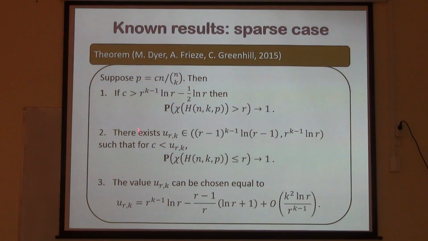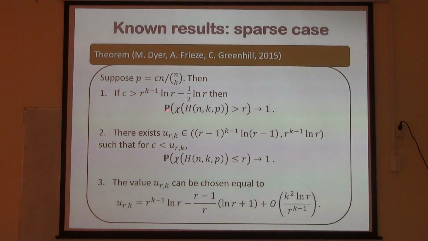What can we say about the value of this point, u_r,k? So they prove that u_r,k can be chosen equal to this expression. We have the same first term, r to the power k minus 1 log r, minus this, with some error term which tends to 0 when r is large, or vice versa, k is large, doesn't matter.